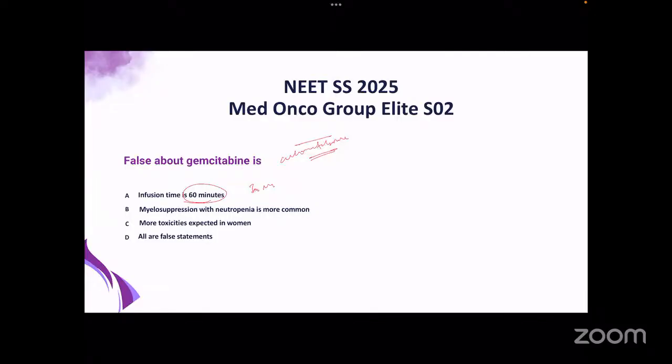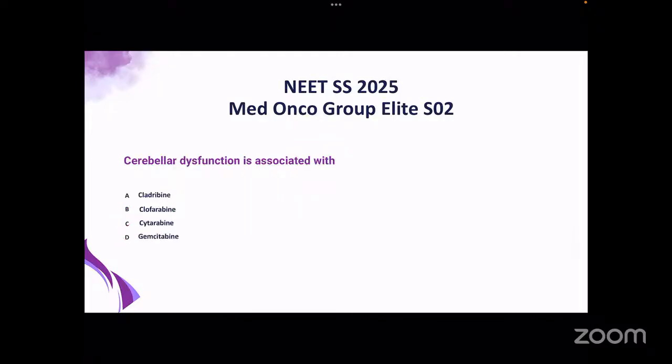So if you give more than 30 minutes, there is an increase in toxicity. Less than 30 minutes, it doesn't work. So the ideal time is 30 minutes. Myelosuppression is very common. More toxicity is expected in women because the clearance is lesser. This is also correct. So what is the false statement? The answer is A. It is given over 30 minutes, not 60.